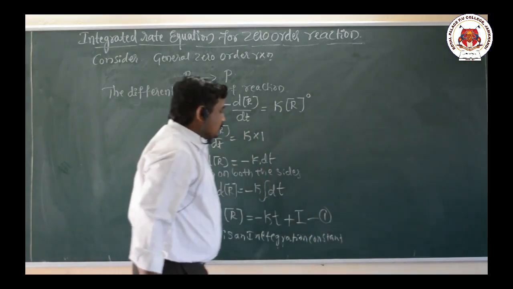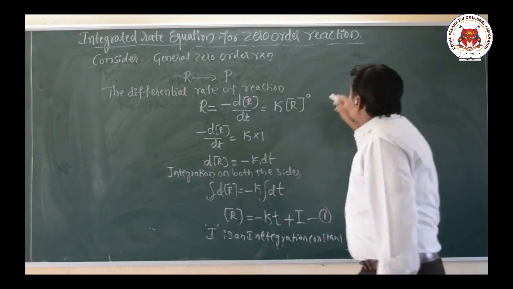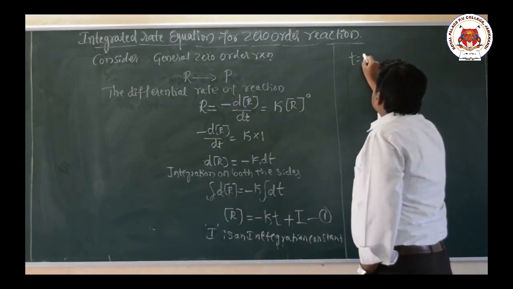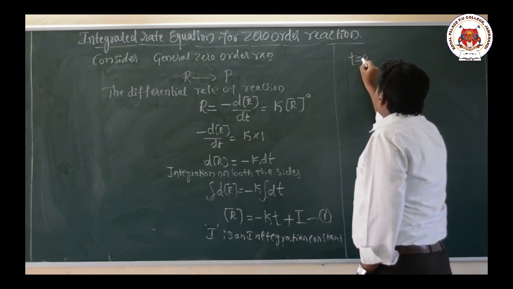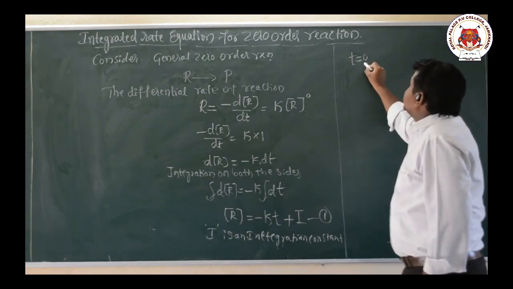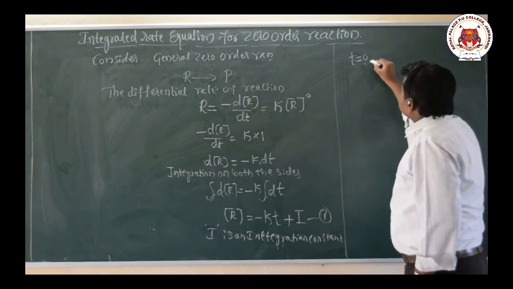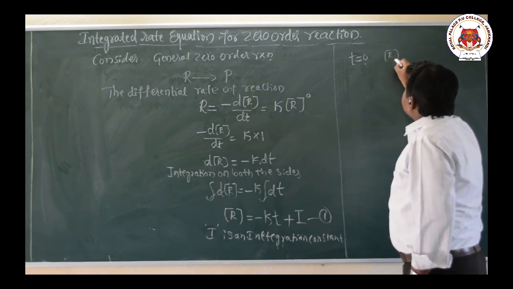Okay. So now at time t equal to 0, that means at the initial level, before starting the reaction, the concentration is R equal to R naught. After starting, at time t1 it becomes R1, at t2 it is R2, and so on. But at the initial level the time is 0 and the concentration is R naught. You have to put t equal to 0 and R equal to R naught.